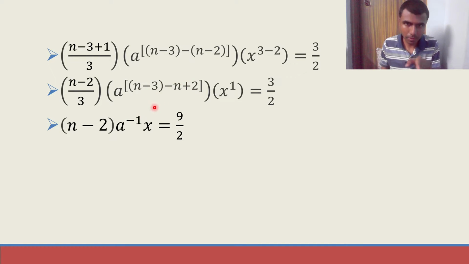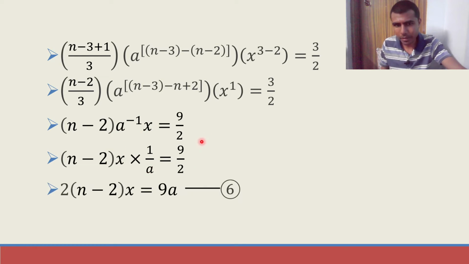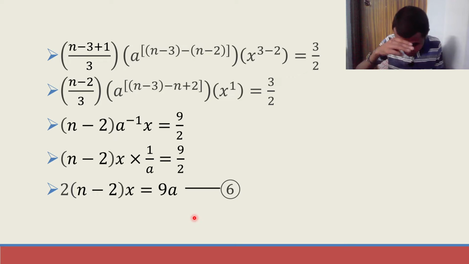So a power minus 1 into x equal to 9 by 2. Again a power minus 1 is 1 by a. So n minus 2 into x into 1 by a, send the a there and send 2 to the LHS: 2 into n minus 2 into x equal to 9a. Okay, fine. Chalo.